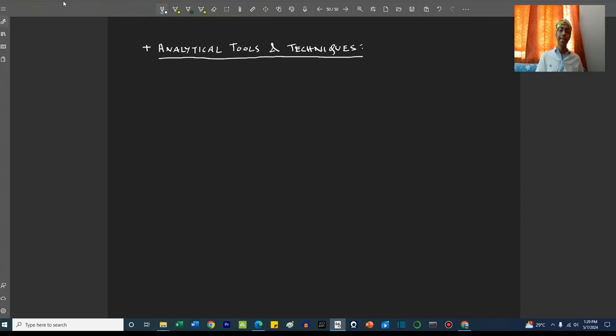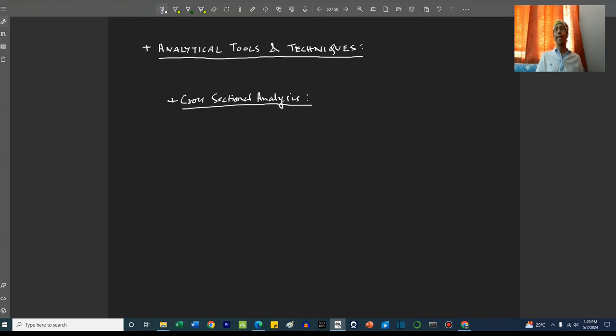Analytical tools and techniques. So friends, when we are trying to analyze companies and compare different companies, there are certain ways to do it. For example, there is something called cross-sectional analysis. What is cross-sectional analysis, friends?